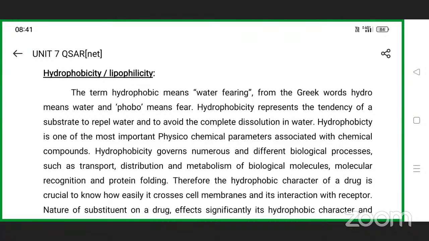So here the hydrophobicity represents the tendency of the substrate to repel water and to avoid complete dissolution in the water. So your drug compound must not dissolve in the water, and there is generally no partial solubility.